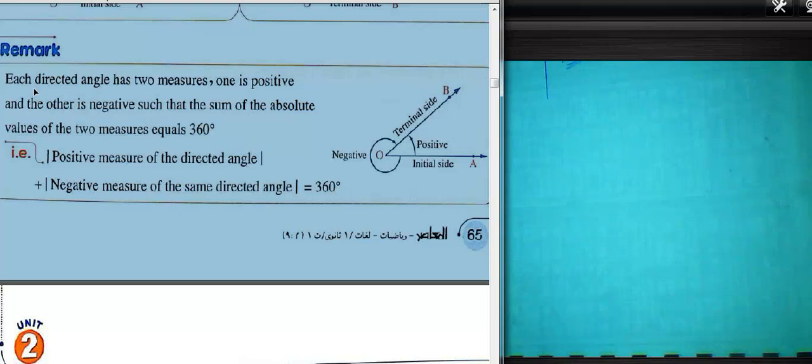It's easy. Again, each directed angle has two measures, one positive and the other negative, such that the sum of the absolute values of the two measures equals 360.